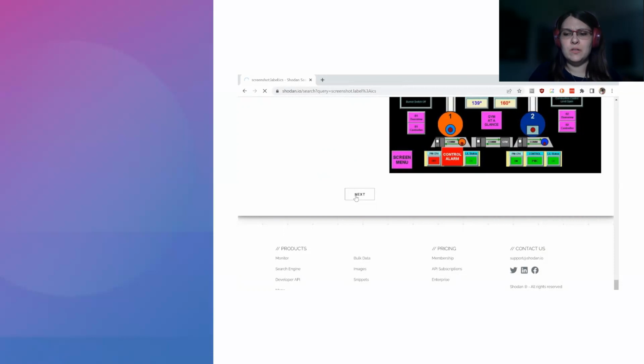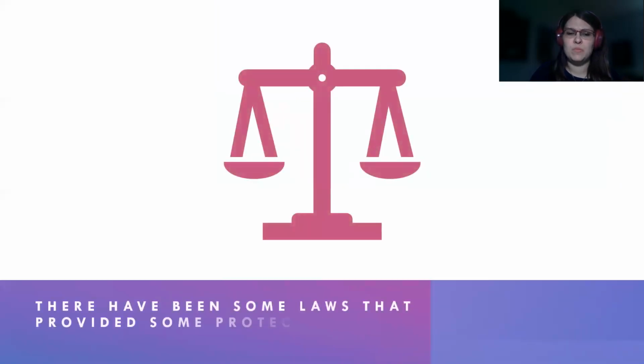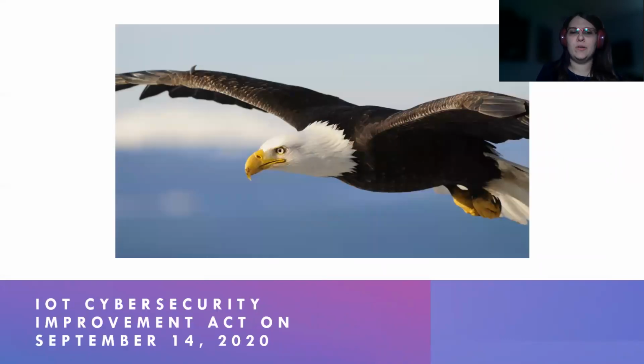Another solution is that there have been some laws created in order to provide some protection. The first law I will mention is the IoT Cybersecurity Improvement Act that was enacted on September 14th, 2020.